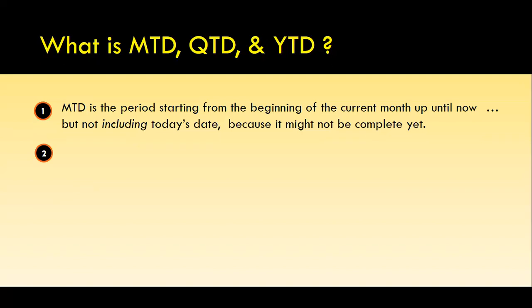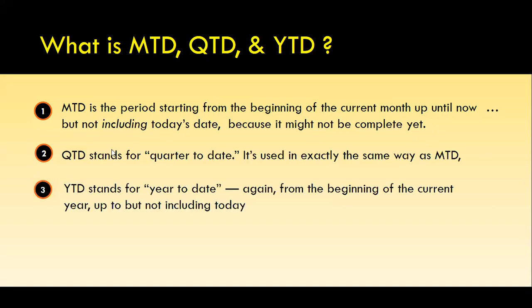In India the business may have closed now, whereas in the USA the business has just started today. So in this context, month to date is from 1st August up to but not including today's date, because today might not be completed yet.